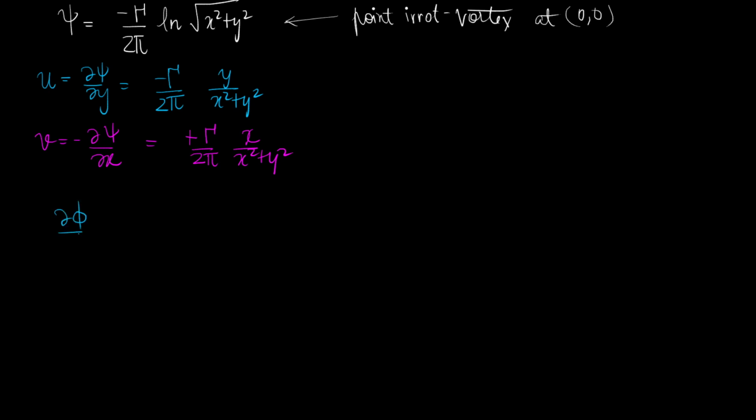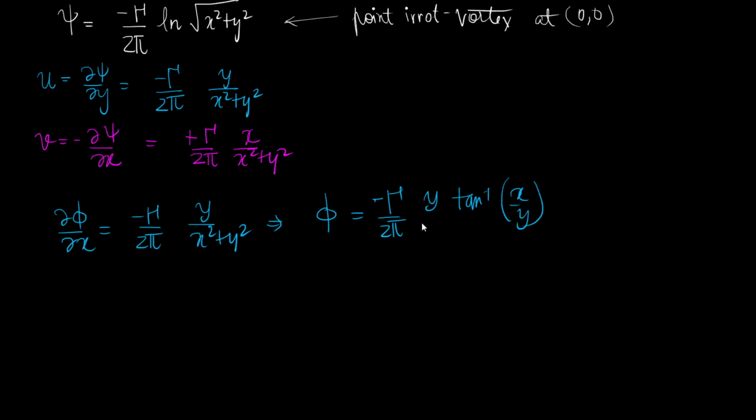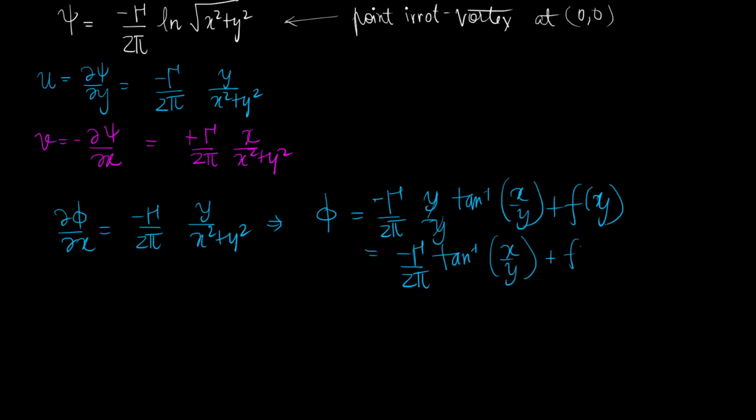So del phi del x is equal to minus gamma upon 2 pi y upon x square plus y square, and when you integrate this with respect to x, this will be minus gamma upon 2 pi y tan inverse x upon y, y cancels out, plus a function of y. So this will be minus gamma upon 2 pi tan inverse x upon y plus f(y).